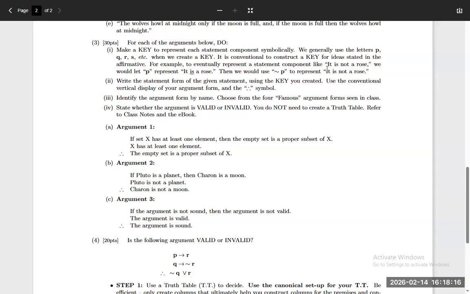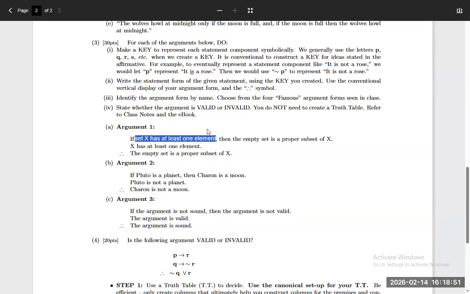Generally, I use P's and Q's, but what would be a reasonable way? Remember, if it's a rose, then it's a flower. For P, we said it's a rose, and Q was it's a flower. What would be a reasonable P for argument 1? P would be the set X has at least one element.